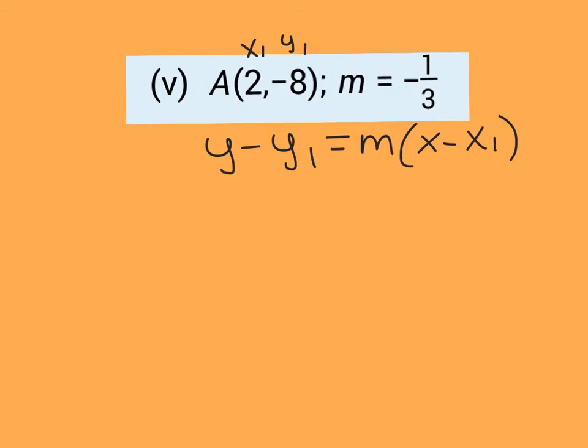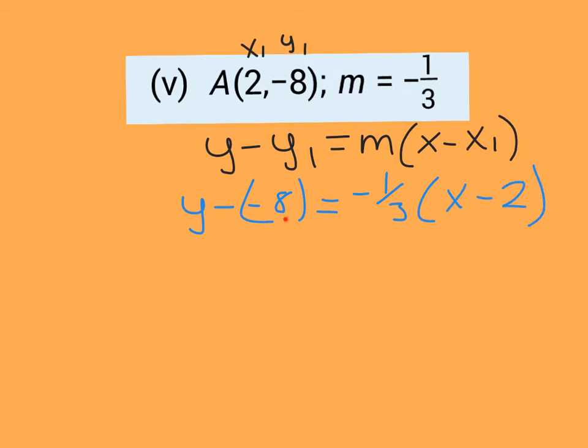Okay, the next question then that I left out of the solutions was one that had a fraction as the slope. So let's have a look at that. Let's go ahead and substitute. So I have y minus y1, which is y minus 8, is equal to minus a third, and I have x minus x1, which is 2.